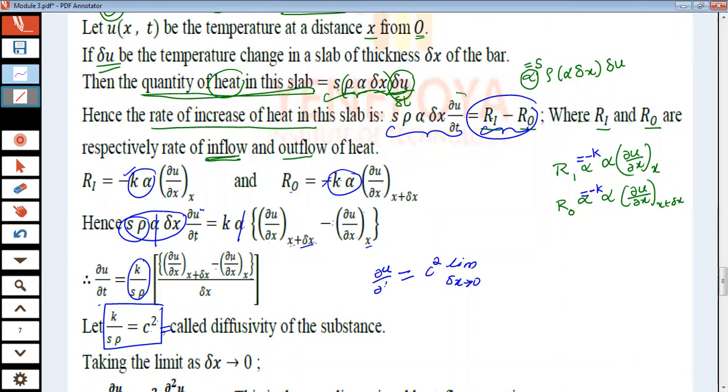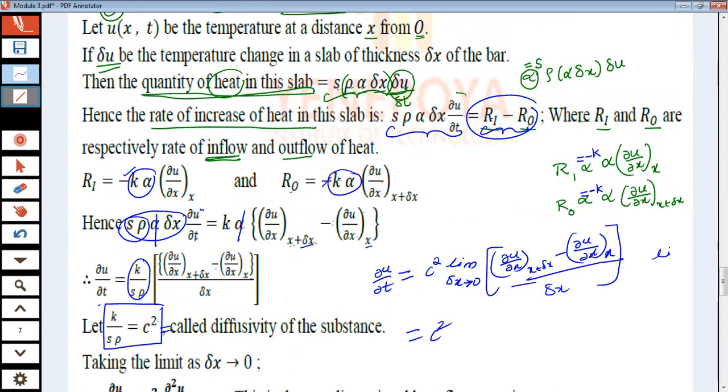It is dou U by dou T equals dou U by dou X at the point X plus delta X minus dou U by dou X at the point X divided by delta X. This gives, by using the limit definition of differentiation, here partial differentiation, dou by dou X of dou U by dou X, partially with respect to X.